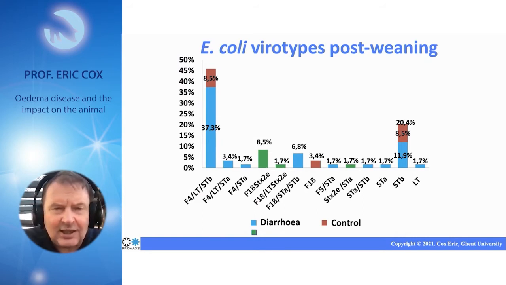And this slide gives you an idea of what you can find, but it can be even more complex. So you see in this study, which occurred in piglets with post-weaning diarrhea, F4, LT, and STB is most prevalent.